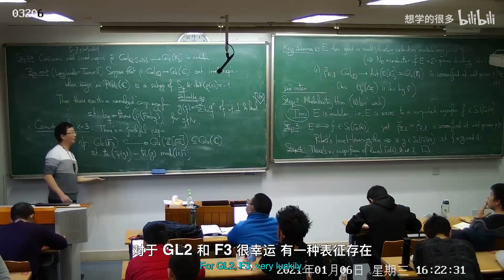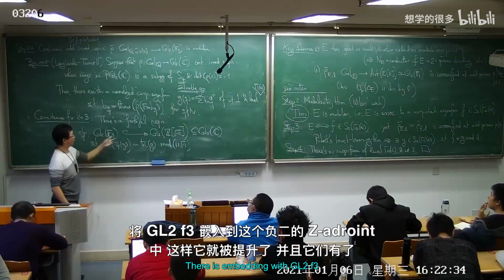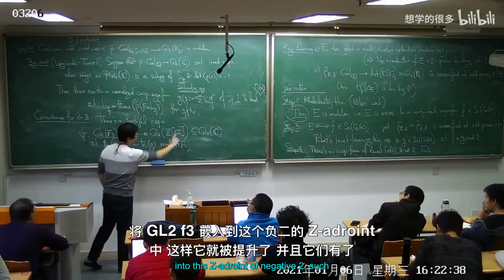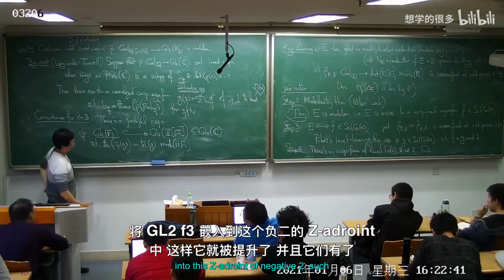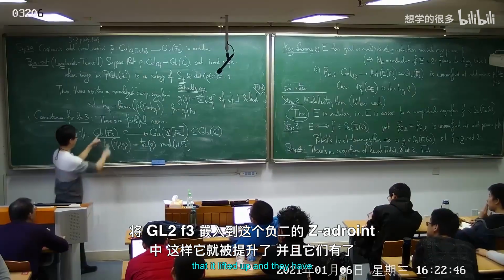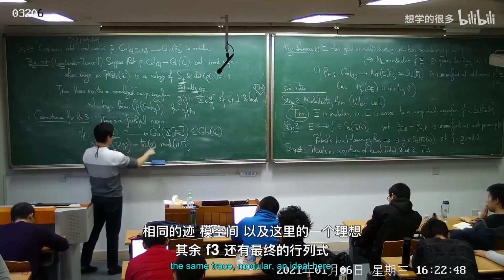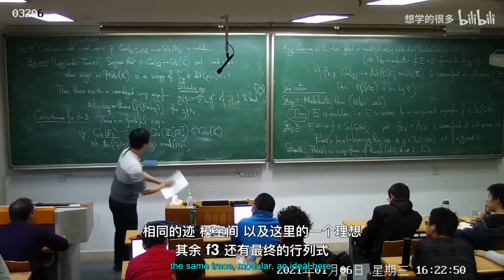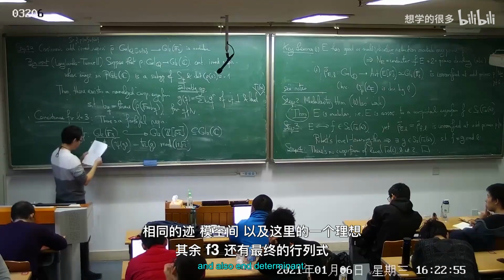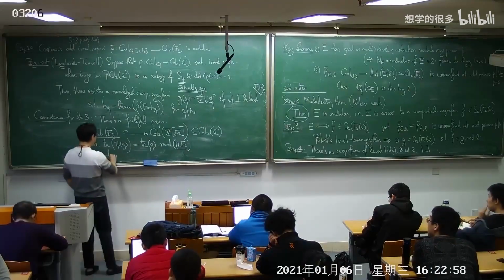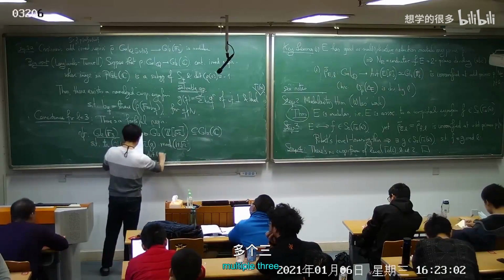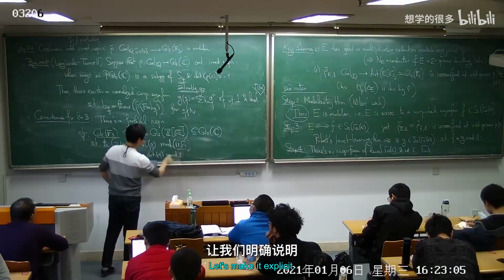For GL2(F3), very luckily, there is an embedding of GL2(F3) into GL2 of Z adjoin root of -2, such that when you lift it up they have the same trace modulo an ideal whose residue field is F3, and also the same determinant modulo 3. Okay, let's make it explicit.